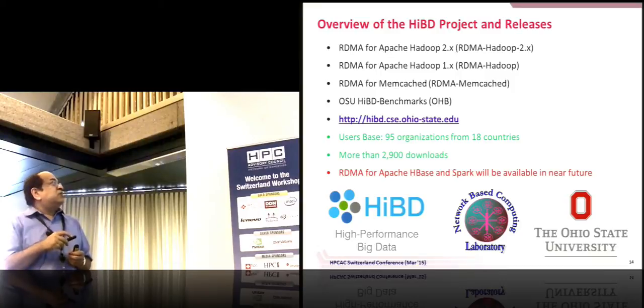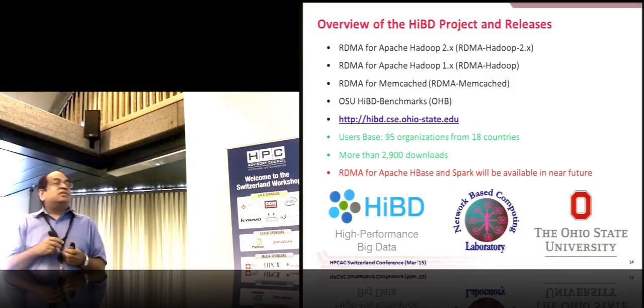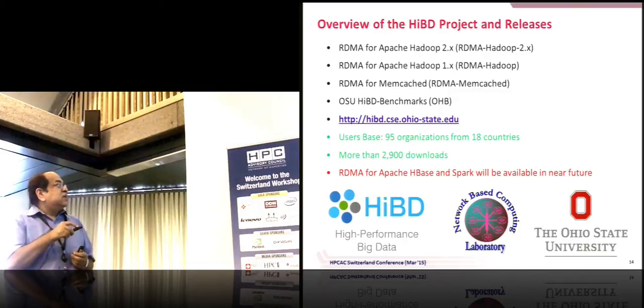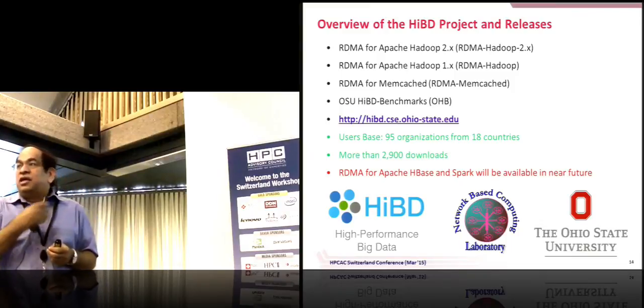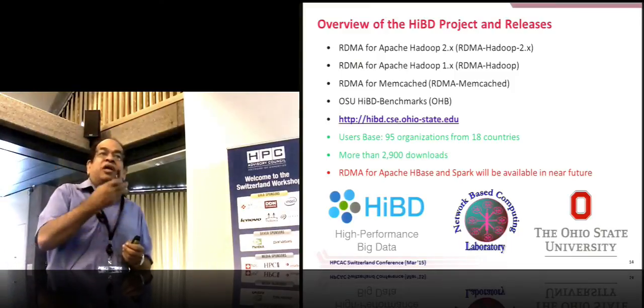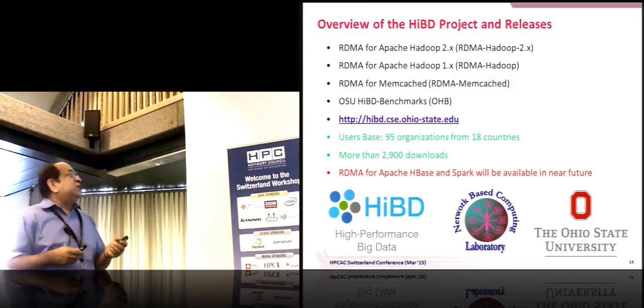I'll talk a little bit more about that. Currently the user base stands at around 95 organizations in 18 countries. We have crossed around 2,900 downloads, and in the near future, I'll talk towards the end, we'll also have support for HBase and Spark. I'll show some results for Spark, but they have not been released yet.